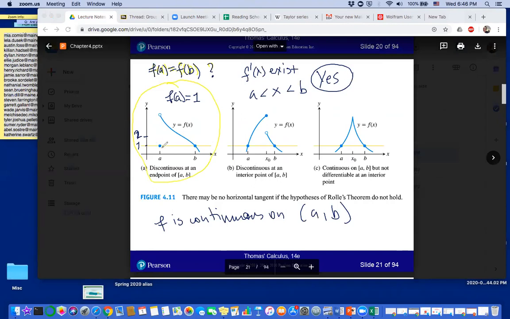When I consider something on an open interval, it's like the endpoint a does not exist. It's like I only look from here to here, and everything else in the universe simply does not exist. There's nothing out there. Nothing really matters to me outside of this interval.